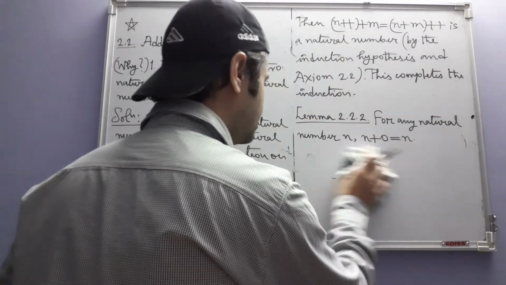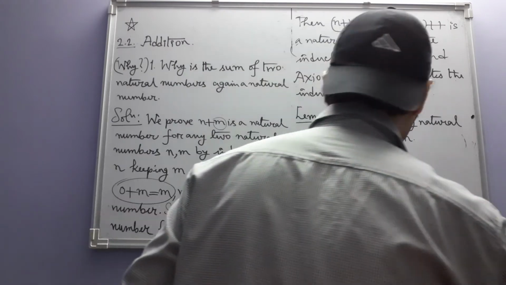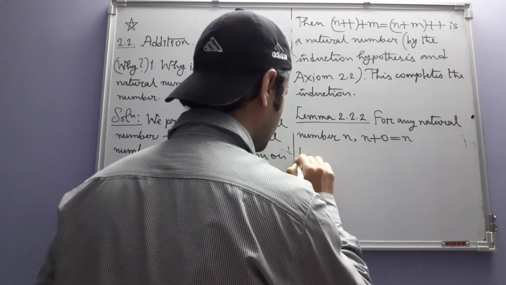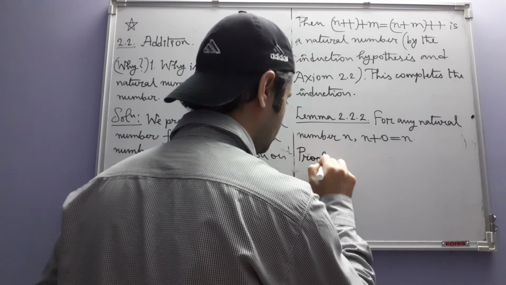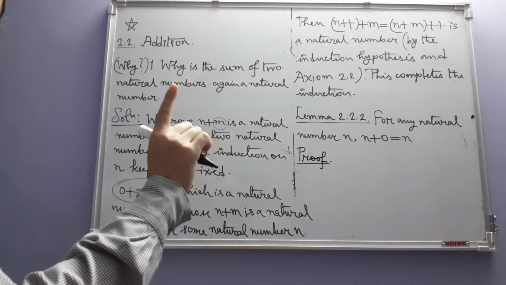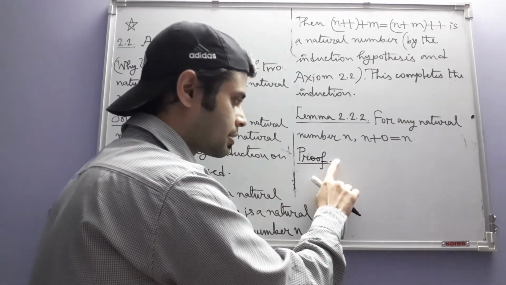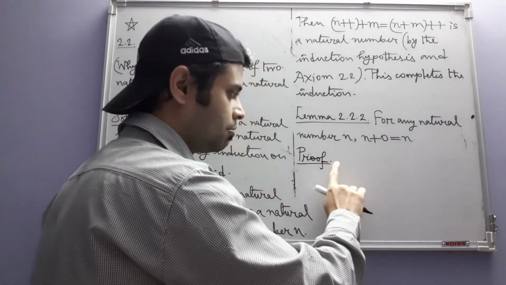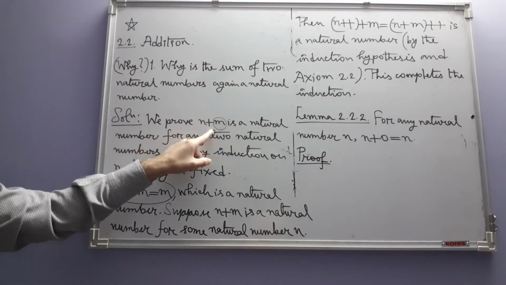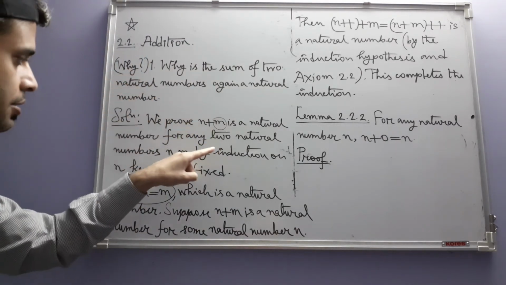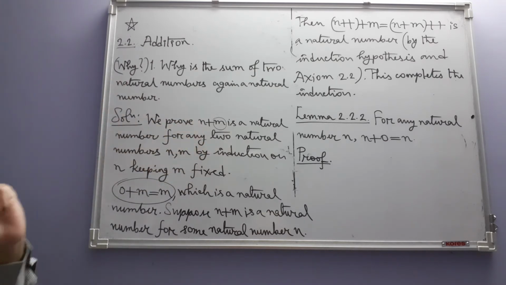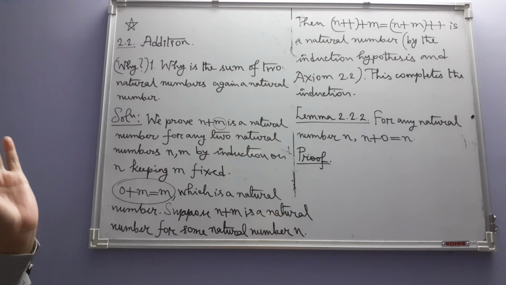The proof is very easy. When there is only one variable involved, you can start the proof by saying we apply induction. But when there is more than one variable involved, you have to explicitly say on which one you are applying the induction and which one you are keeping fixed.